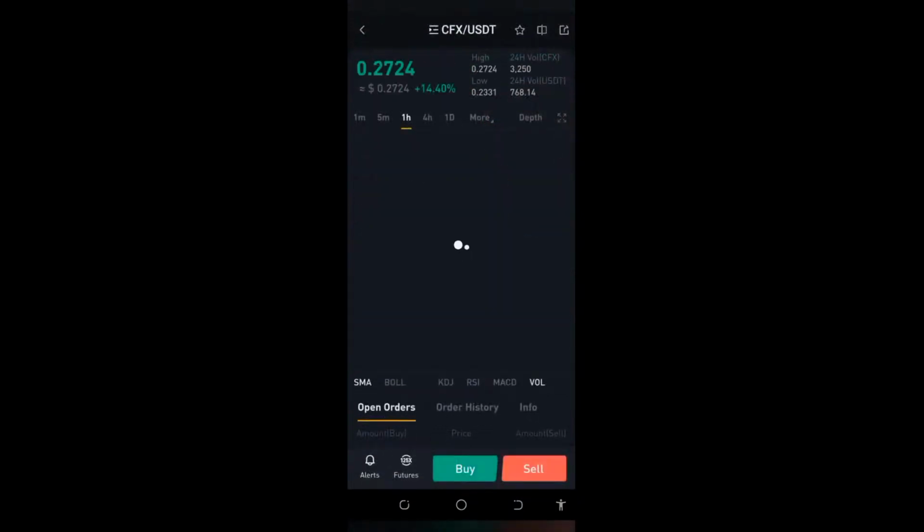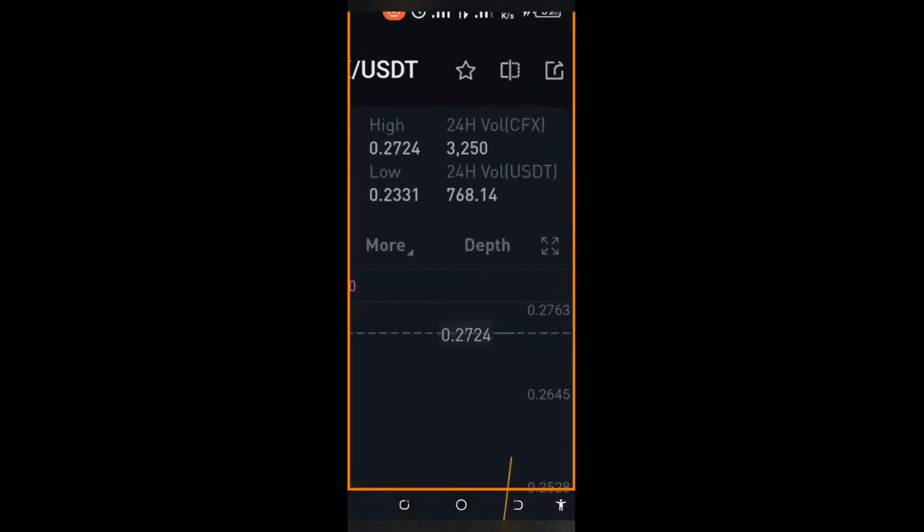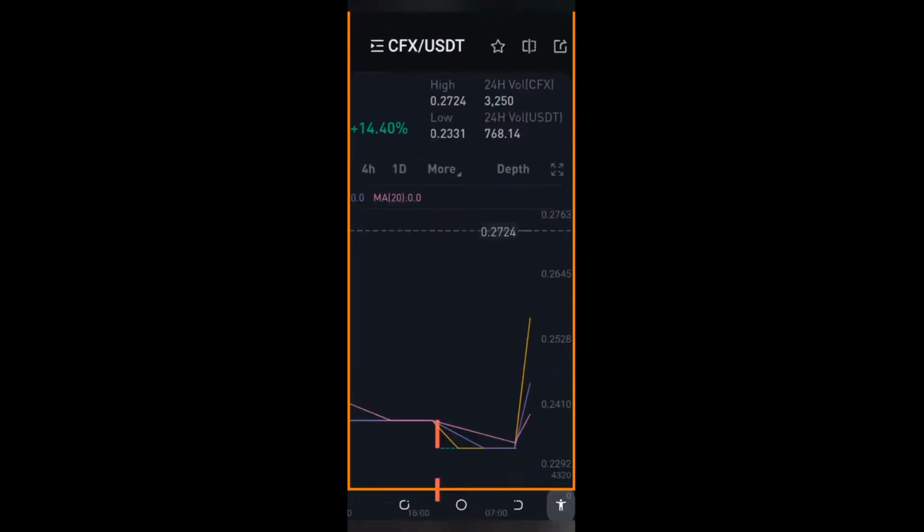Can you just imagine that I was so excited about getting this in? Just look at this. The entire liquidity is 768 USDT. That is poor. Wow. I didn't check this. Oh my God.